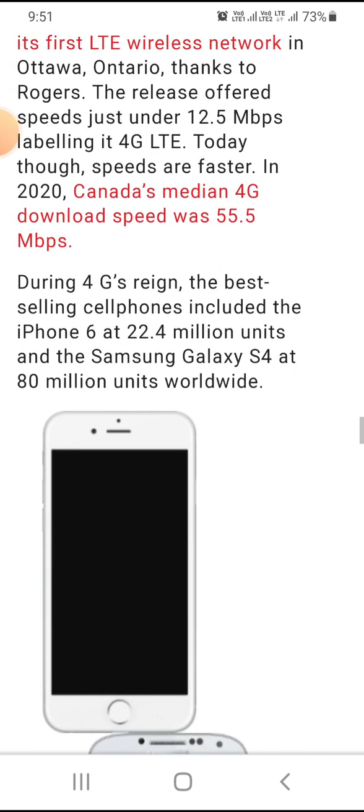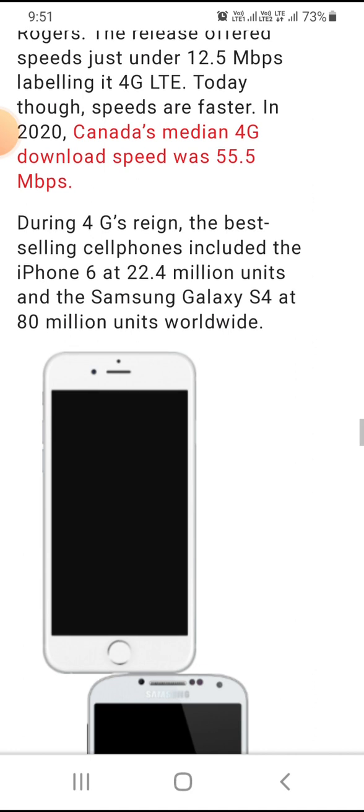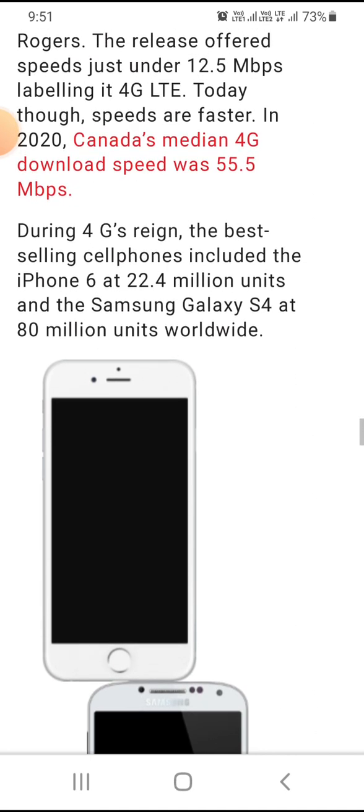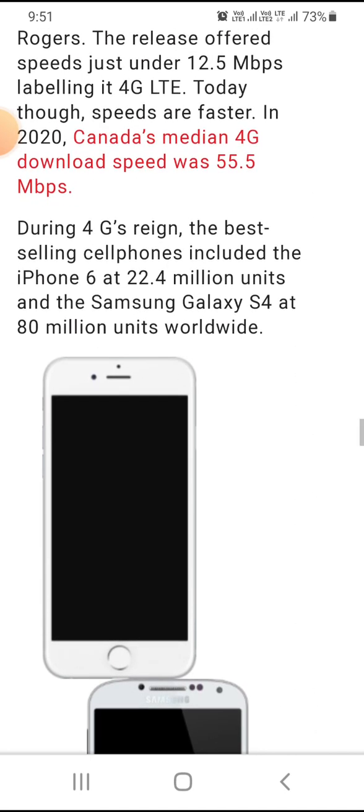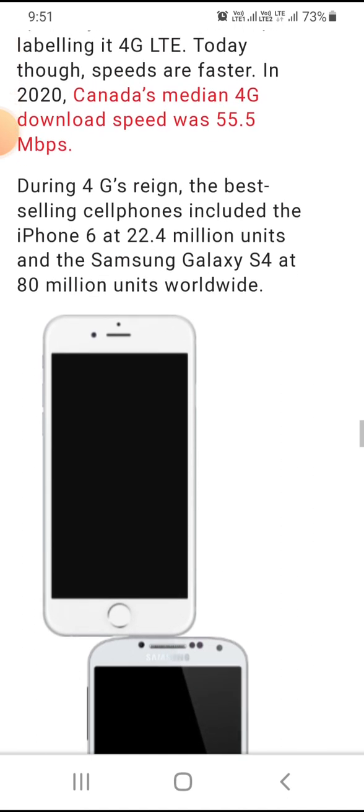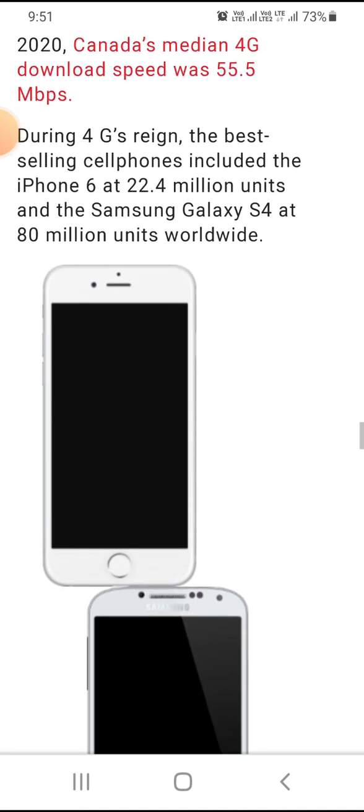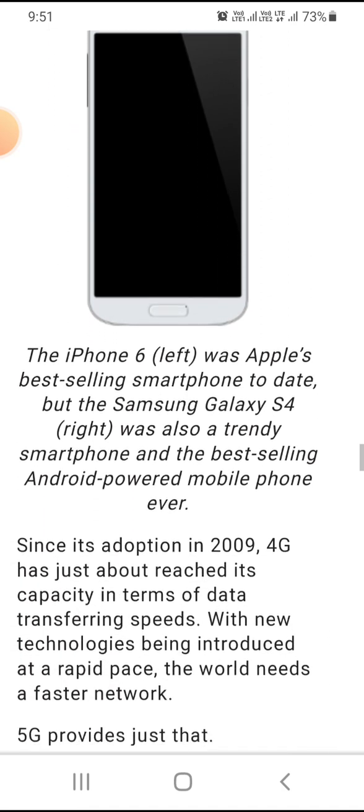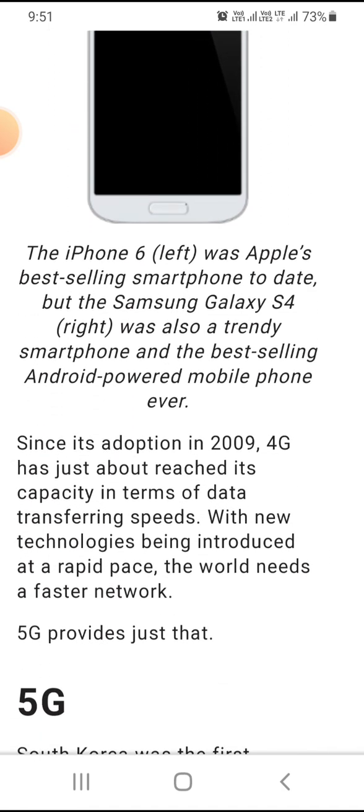During the 4G era, the best selling cell phones included the iPhone 6 at 222.4 million units and the Samsung Galaxy S4 at 80 million units worldwide. The iPhone 6 was Apple's best-selling smartphone to date, but the Samsung Galaxy S4 was also a trendy smartphone and the best-selling Android phone ever.